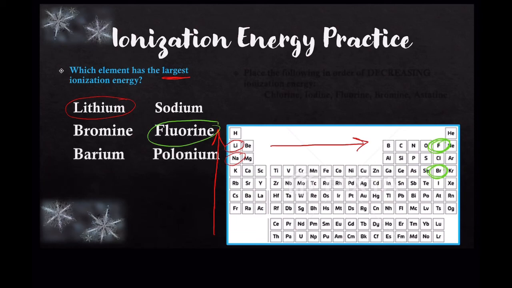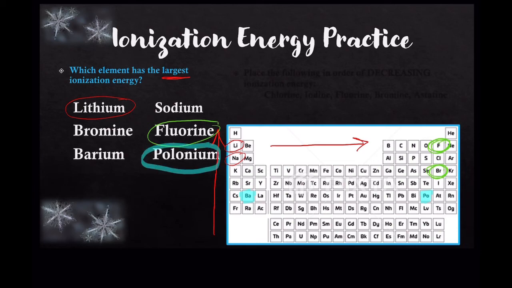Now let's look at barium and polonium. So barium's right over here in group 2, and polonium is also in the same period, period 6, same period as barium. So which of these two has the largest ionization energy? The answer is polonium.